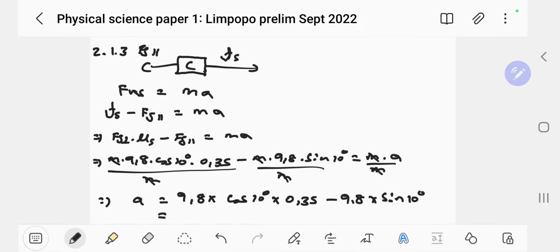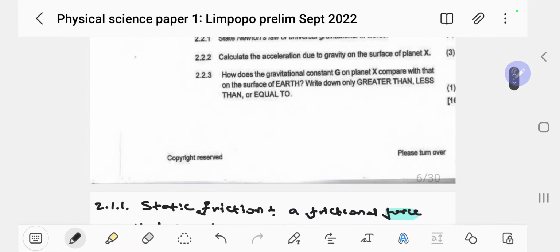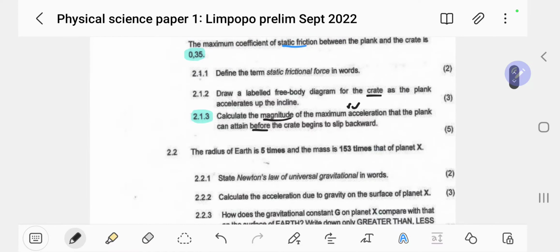Then let's do it on the calculator, nice and easy. So we have 9,8 times cos of 10 degrees times 0,35. Did I copy that one correctly? Times, you must guard against making mistakes.